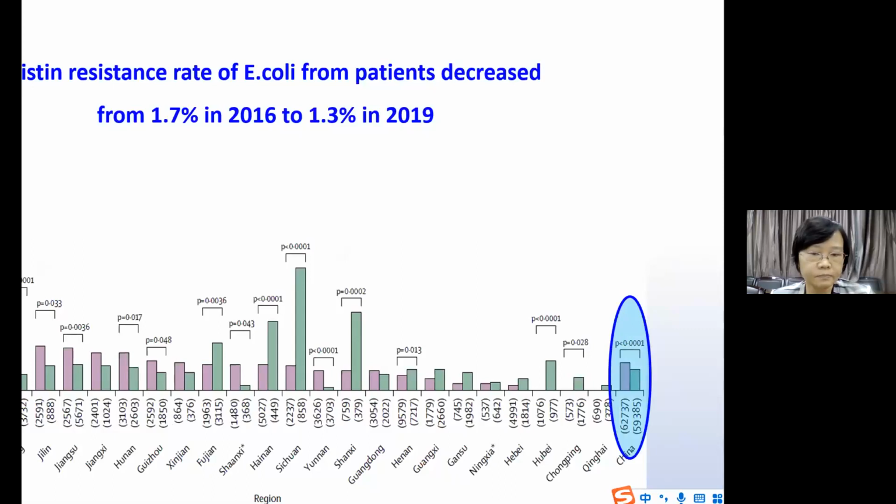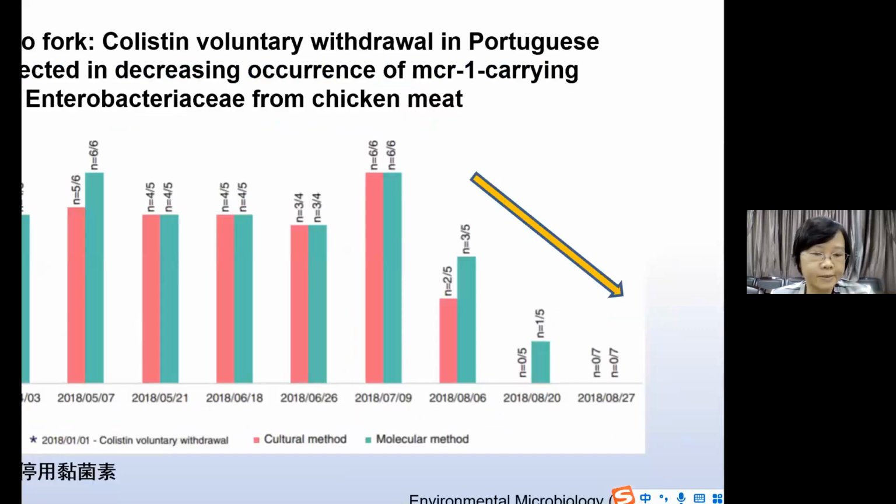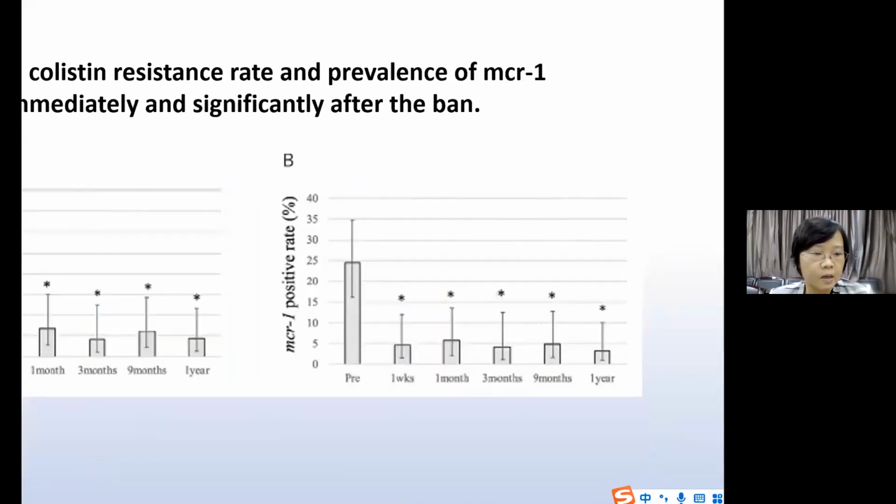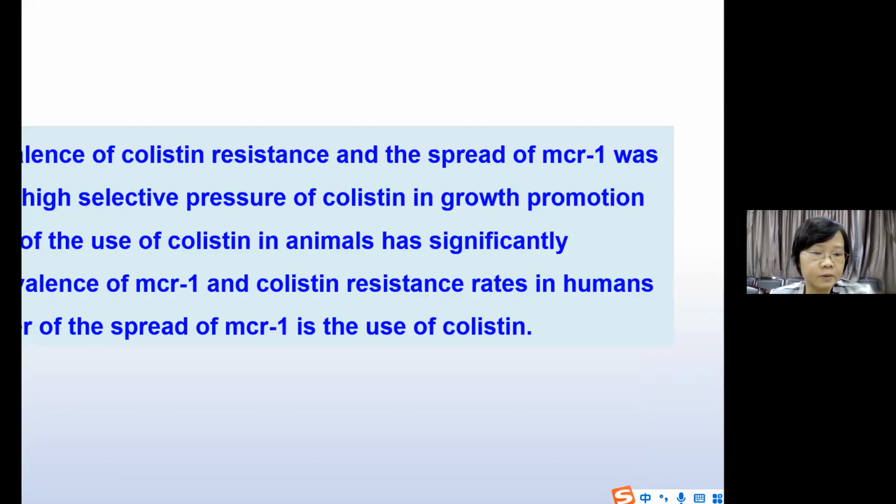And the colistin resistance in E. coli in hospital patients also showed a significant decrease, not only in China, but also in other countries. They have similar findings. The detection rate of MCR1 in a Portuguese slaughterhouse also decreased after discontinuation of using colistin.